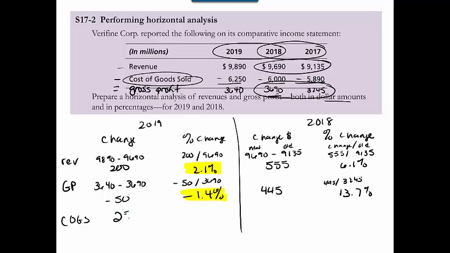So my cost of goods sold went up by $250. And if I take 250 divided by 6,000 as my starting point, I get a 4.2% increase. So that's exactly what's happening. Your revenue is going up by 2%, but your expenses are going up by 4.2%. So that means your gross profit is going down. If you're running a business, that's kind of important to know, right?